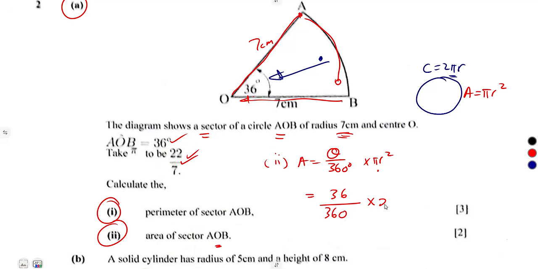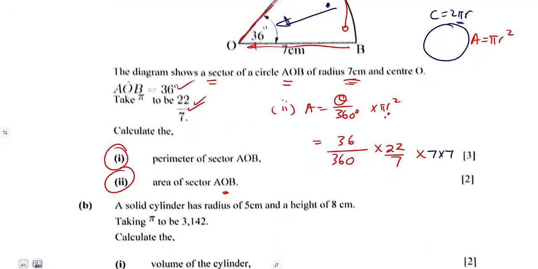times our pi. Take the given pi, 22/7 times r squared. R squared simply means r times r. So you can write 7 times 7 if you want. 7 times 7 to represent what? R squared. Or you can write 7 squared. So this is the area of the sector. All right, just like before, 36 into 36, 1, 1 here, 0, 7, and 7 was going to cancel. So let's multiply 22 times 7.